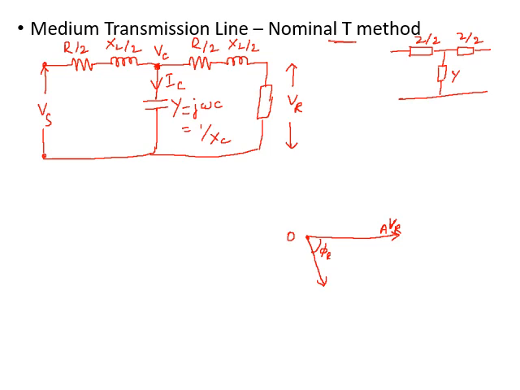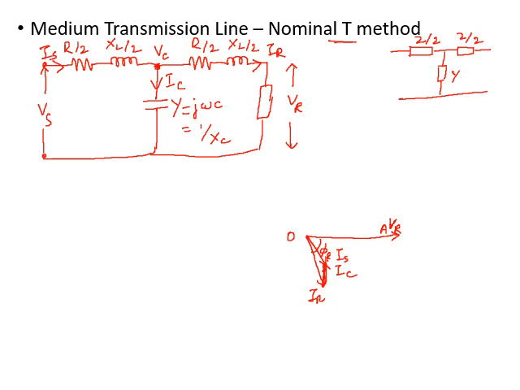So this is our IR, receiving end current, and then the sending end current IS. Approaching towards IS, we have the IC. So draw IC from IR, straight upright line. So this is our IR and here we got our IC. Then from O, connect IC. So this represents IS.